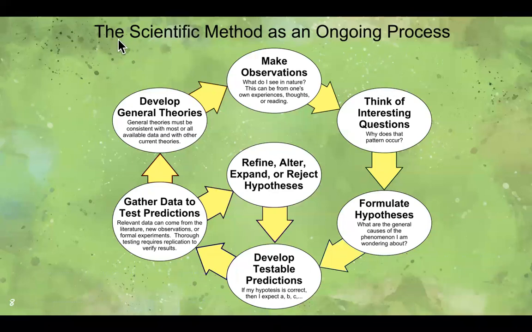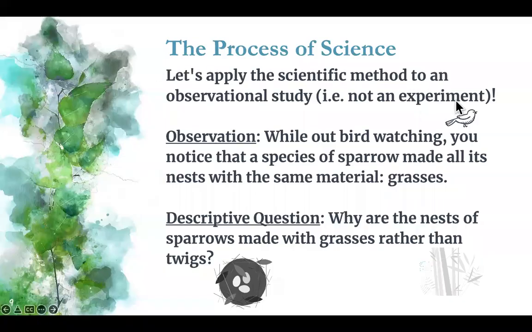So now I'm going to move on to a sample study so that we can apply some of these concepts. So let's say I'm out in the forest. I'm out bird watching, and I notice that a species of sparrow has made all of its nests with grass instead of twigs.